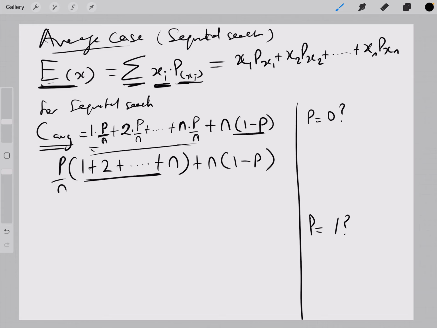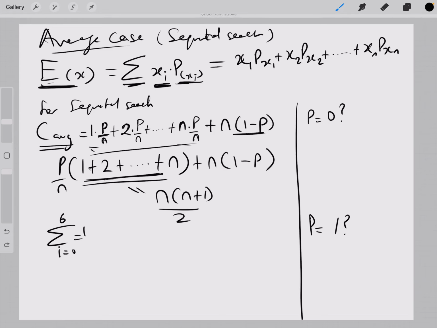When you have this progression, this summation is equal to n times (n plus 1) divided by 2. Proof of that: let's say we have this summation, i equal to 0 all the way to 6. Even if you had 0, it won't really do anything, right? So we have 1 plus 2 plus 3 plus 4 plus 5 plus 6.